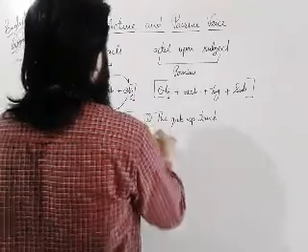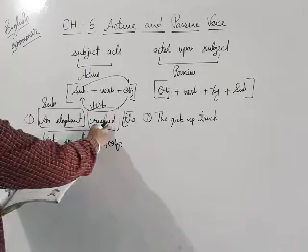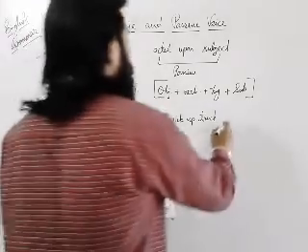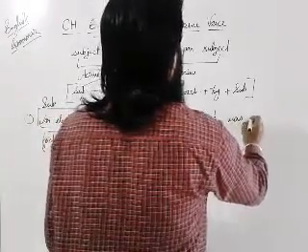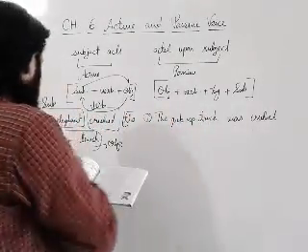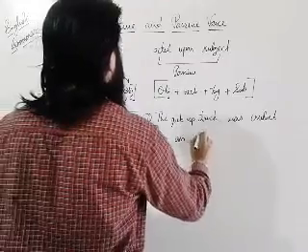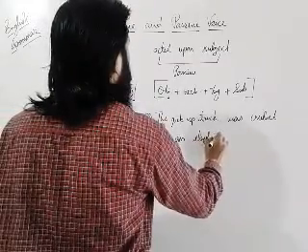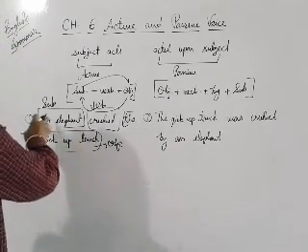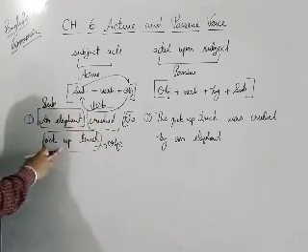According to this formula, at first you have to write the object, the pickup truck. After that, the verb which is given here is crossed. According to tense we have to change it. If the verb is in the second form, then we have to write was crossed. The pickup truck was crossed by an elephant. We can say that it is totally opposite of the active sentence. In active voice, at first we wrote subject, after that verb, and after that object.